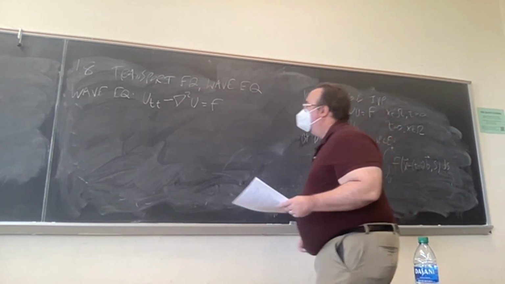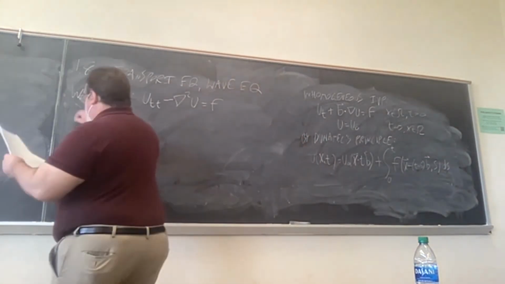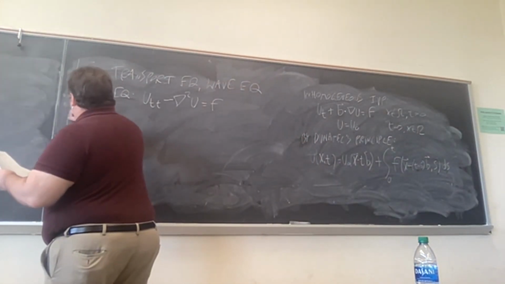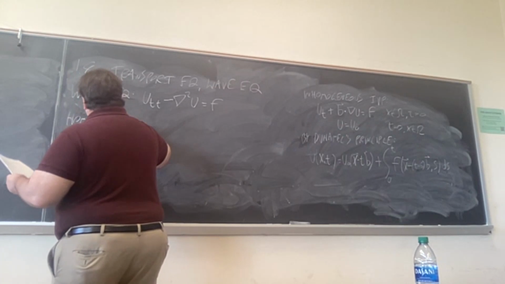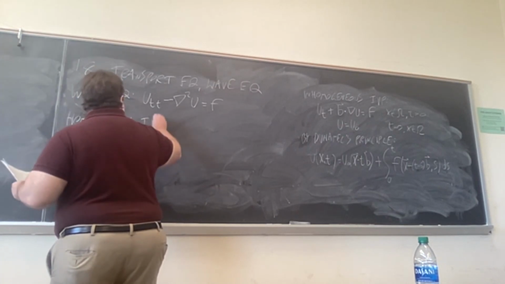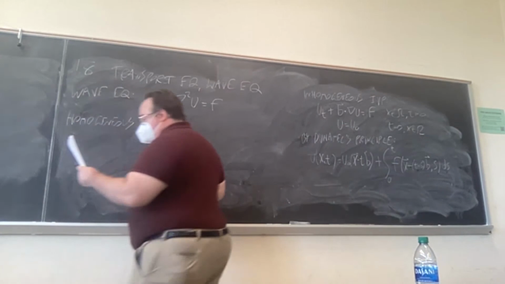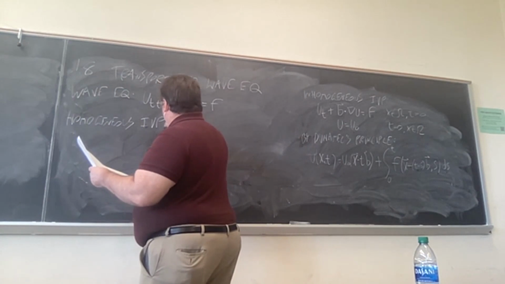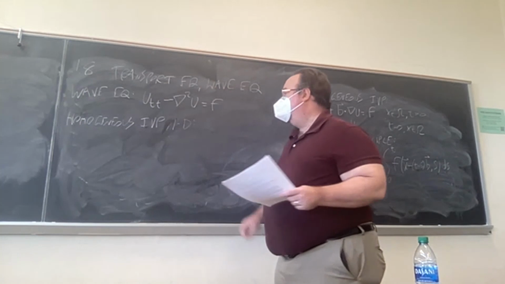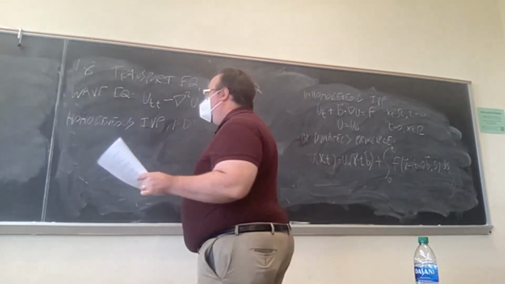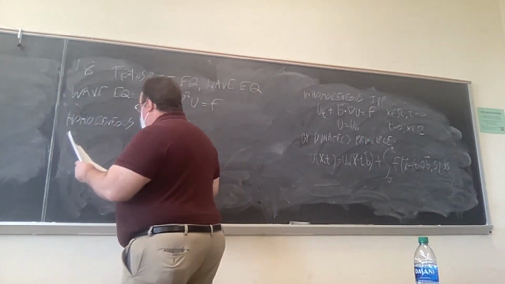So now what I'll do is consider a homogeneous initial value problem. And I'm going to limit myself to one space dimension for simplicity. I'll talk about 2D and 3D later. All right.